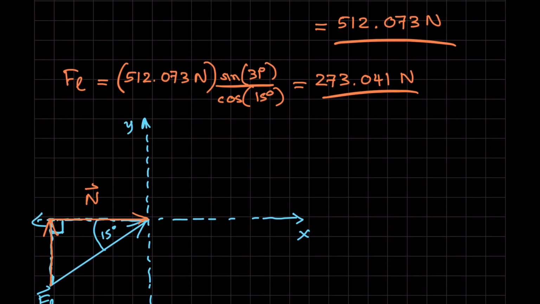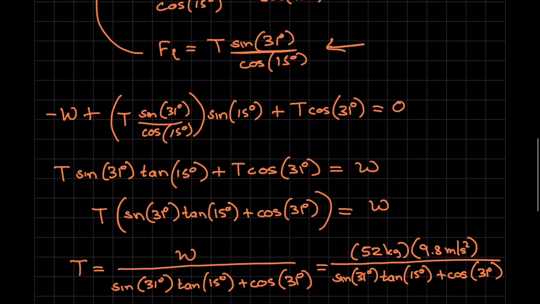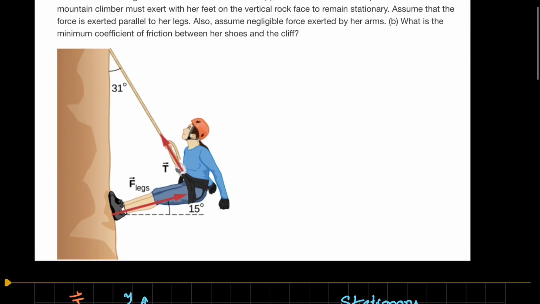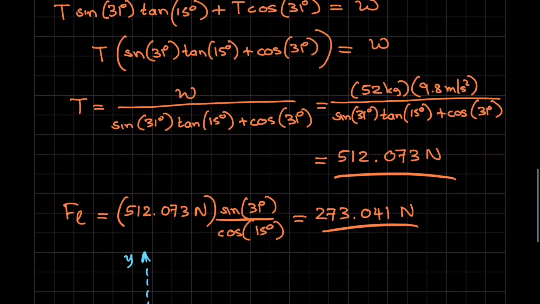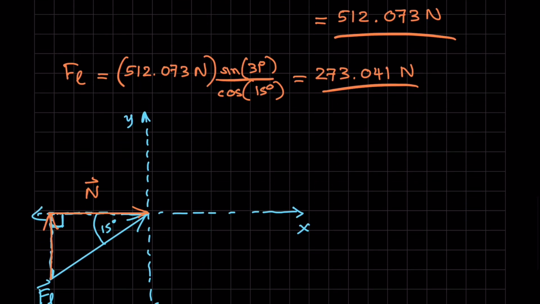There's this vertical part, and you have to think about where it's coming from. The vertical part comes from friction. Static friction is what's holding up that end of FL. So the vertical part is the force of friction. Let's write that in. I'll say F for friction.